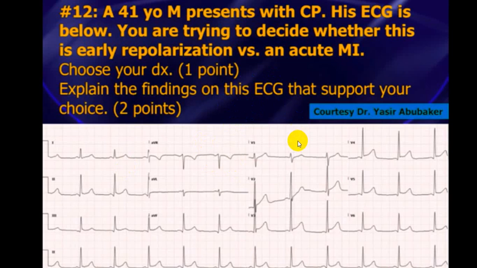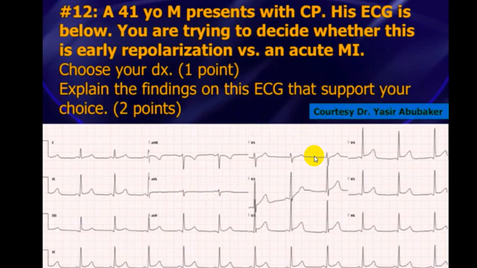Now if you look properly, there is a slight ST segment elevation in lead 2, lead 3, even in AVF. There is a slight ST segment elevation also here in V3, V4, V5, V6. We don't have it in V1, AVL. So it is in a good number of leads.